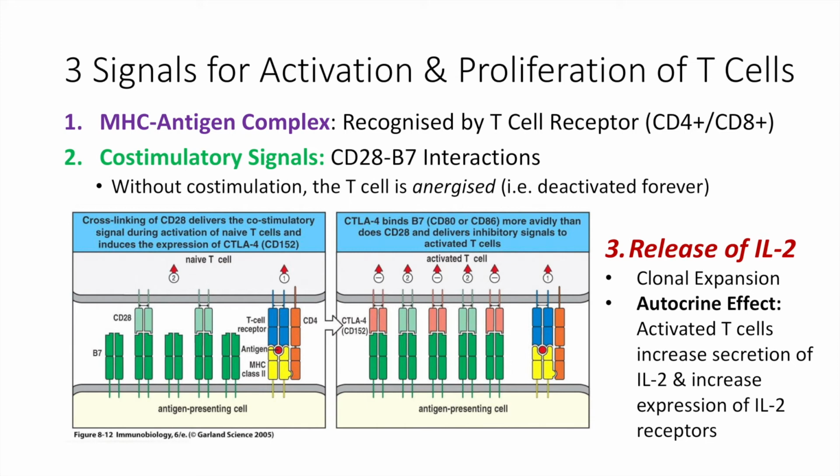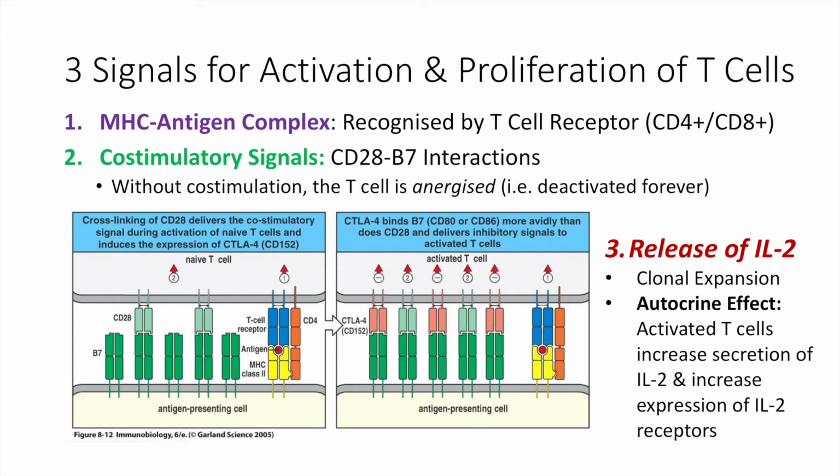Why this is important is because, as you remember, the development process has developed a wide repertoire of T cell receptors on T cells, but there's only one type of receptor on one T cell. So when that receptor finds an antigen that it is specific for and can bind to, that particular T cell needs to self-replicate to produce many more T cells that can respond to the same antigen with the same specificity.